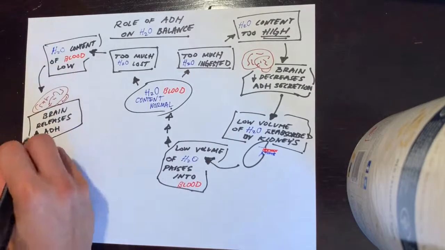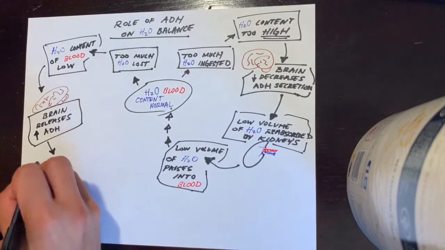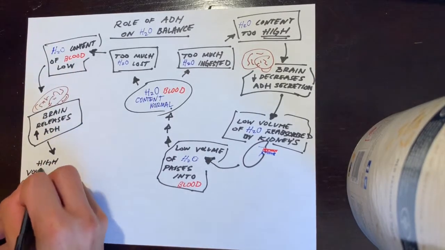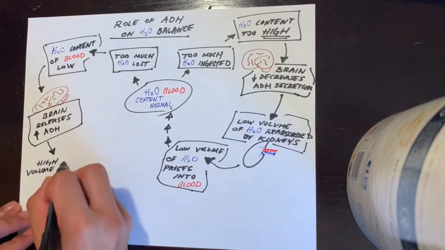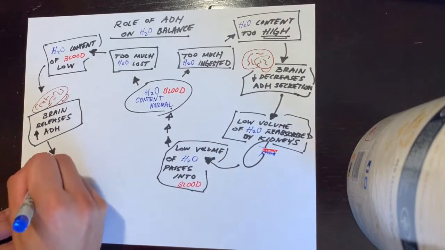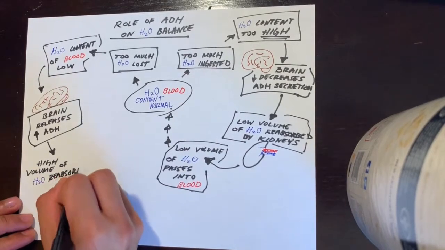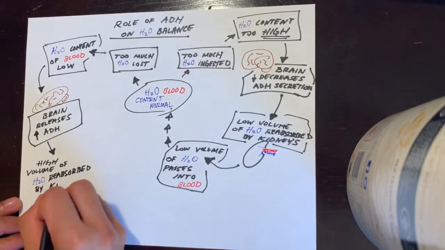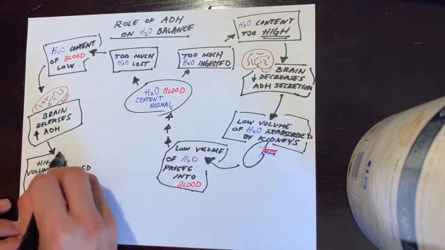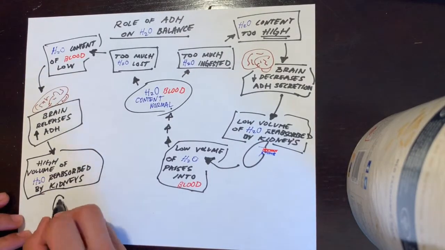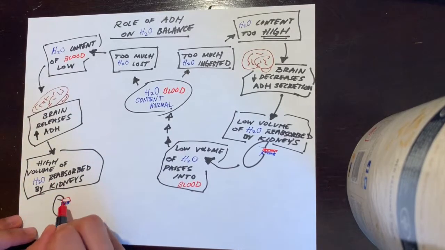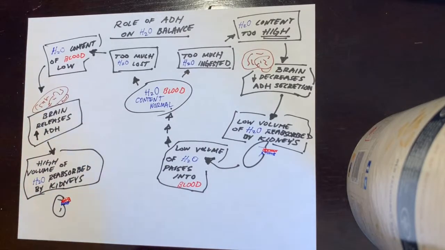So it's the same mechanism as on the other side of the chart, but the reaction is different, of course. This prompts the renal tubules to reabsorb more water, and there's a high volume of water reabsorbed by the kidneys here, and small amounts of concentrated urine are produced.